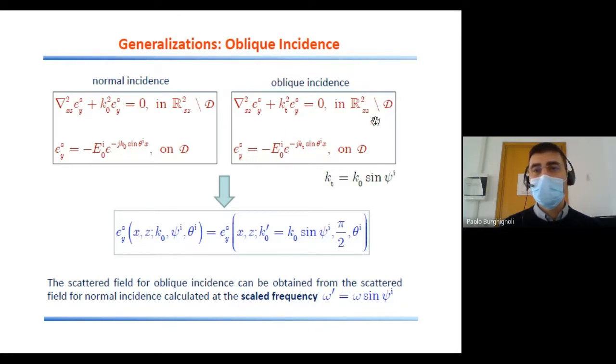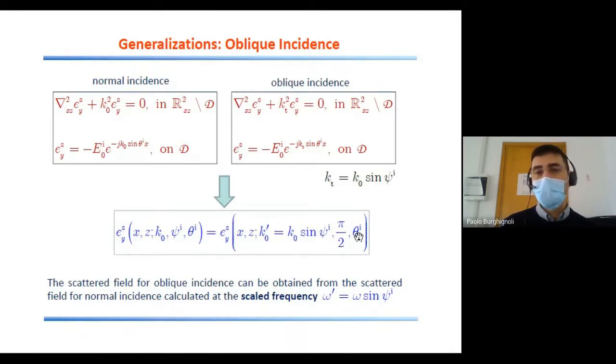So since they are formally the same equations, they need to have the same solution. So we can obtain the scattered field in the general oblique case, on the left here, using the normal incidence case, with psi on the right. However, you need to scale frequency. But apart from that, everything else is the same.